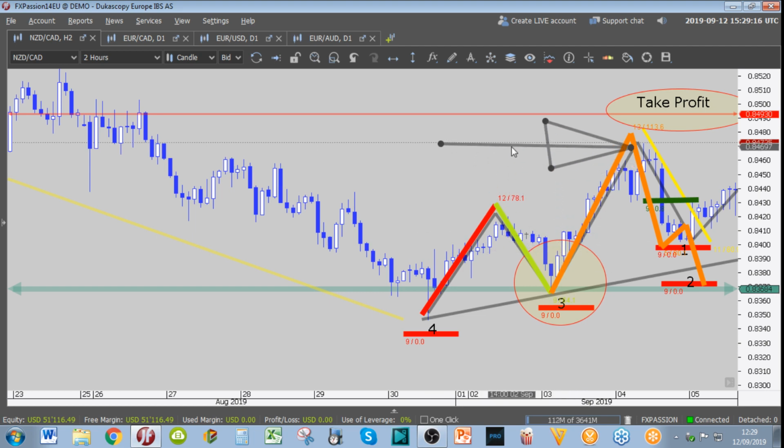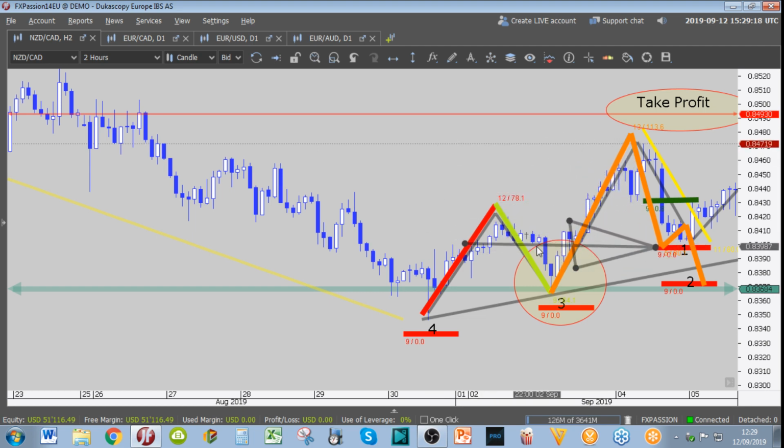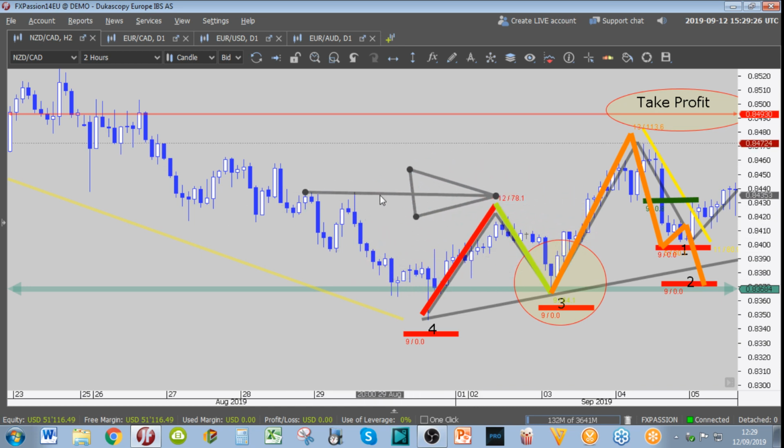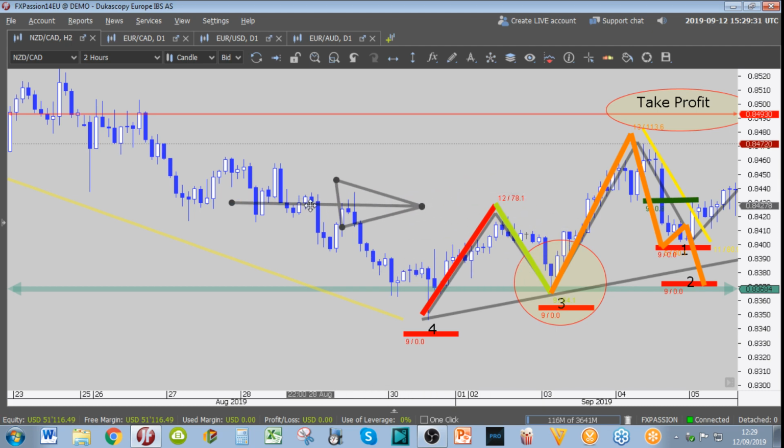What's the question? The market went down, down, down, stopped you out on number 1, went a little bit up, stopped you out on number 2. Did it change the structure? Did it change the market wave? Yes, it goes down until a little above number 3.